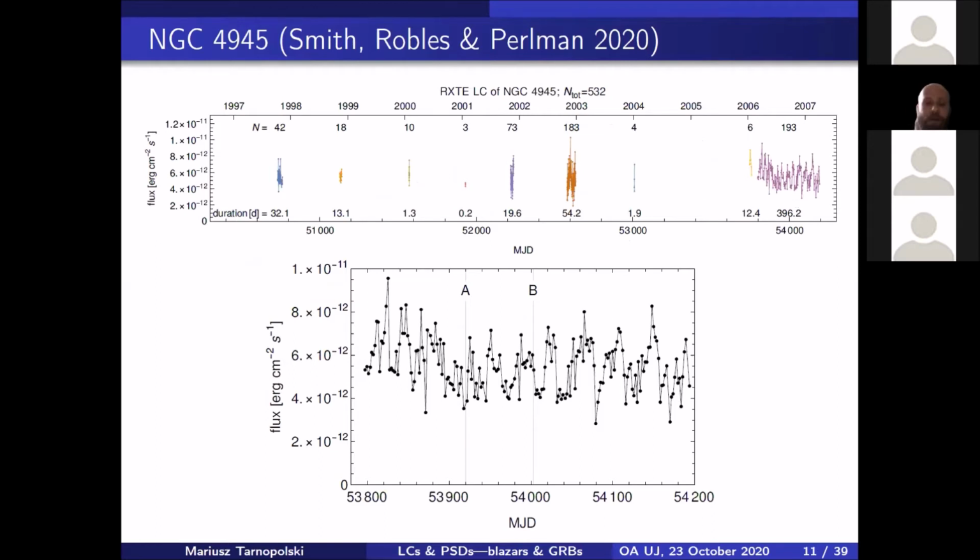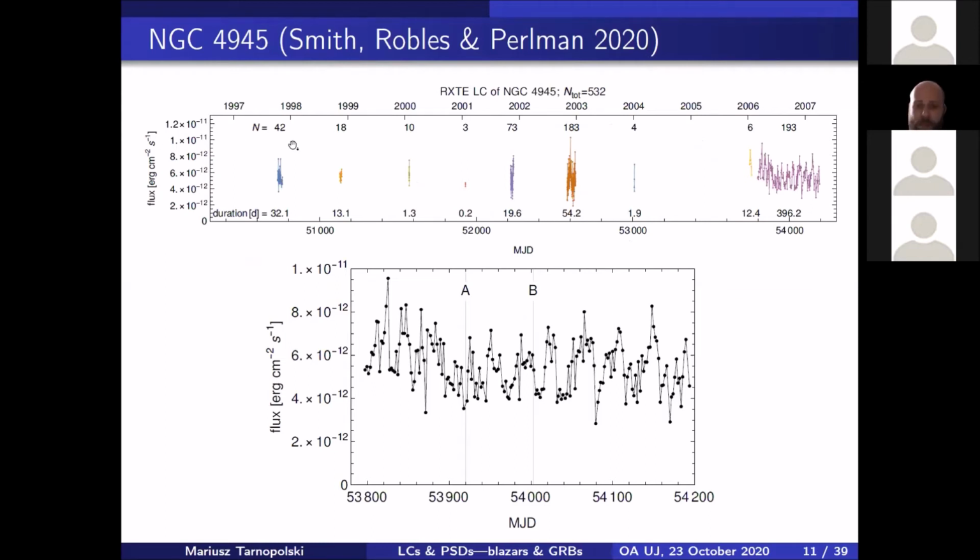And let us now consider as an example a very recent finding from just a few weeks ago of a group, Smith, Roberts, and Perman, who analyzed the RXTE X-ray light curve of this Seyfert 2 galaxy, NGC 4945.